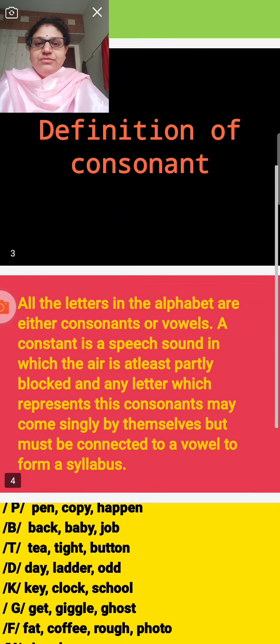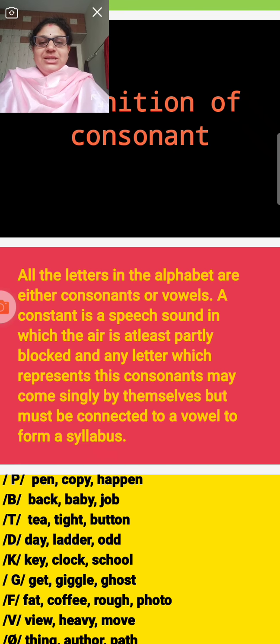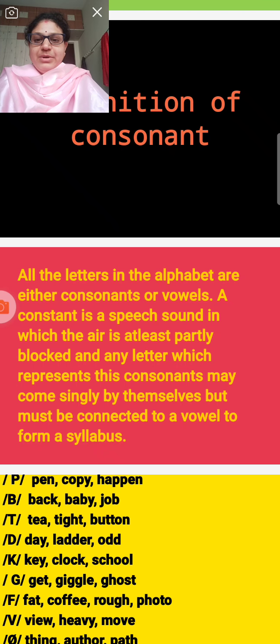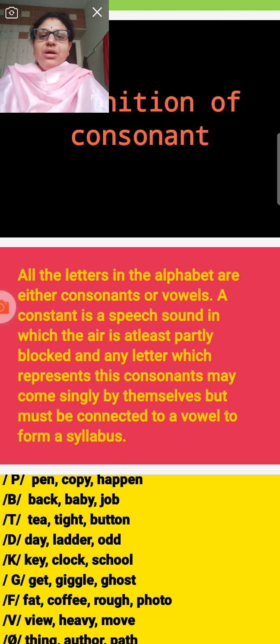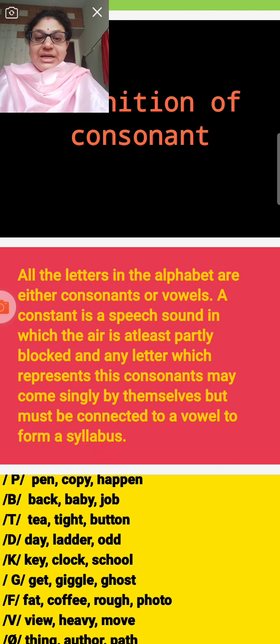So the definition of the consonant: all the letters in the alphabet are either consonants or vowels. A consonant is a speech sound in which the air is at least partly blocked.